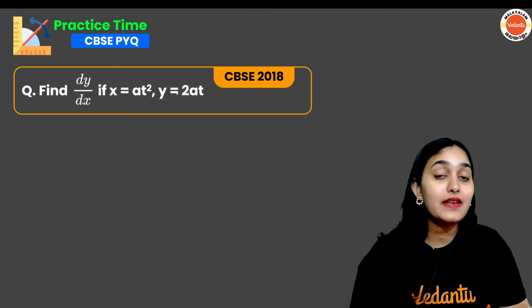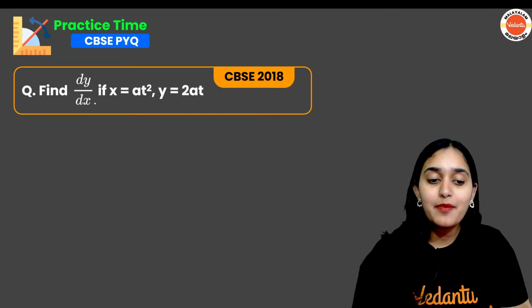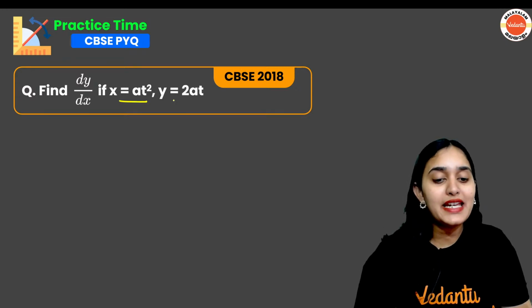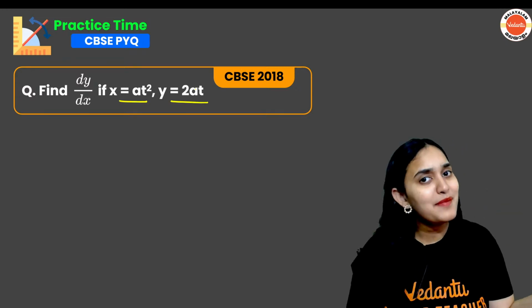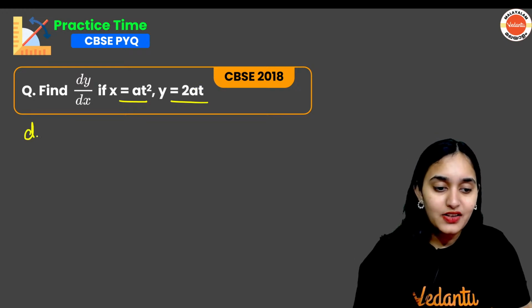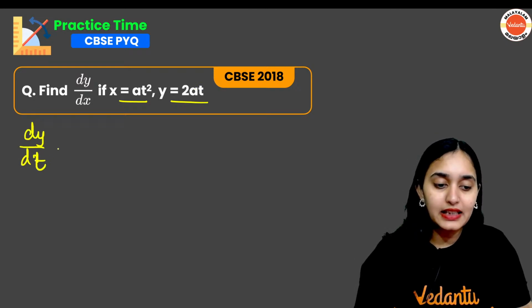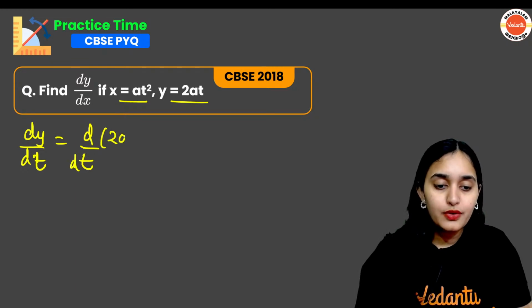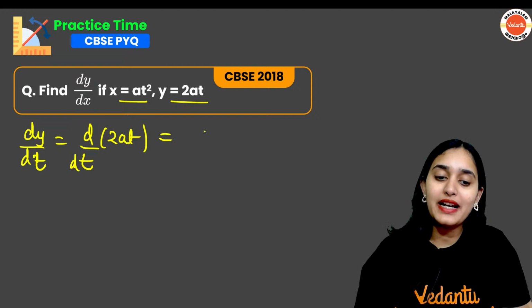This was asked in the CBSE board exam. Find dy by dx if x is given in terms of t and y is also given in terms of t. Parametric form. Simple. So dy by dt is differentiation of 2at. What is differentiation of 2at? 2a.